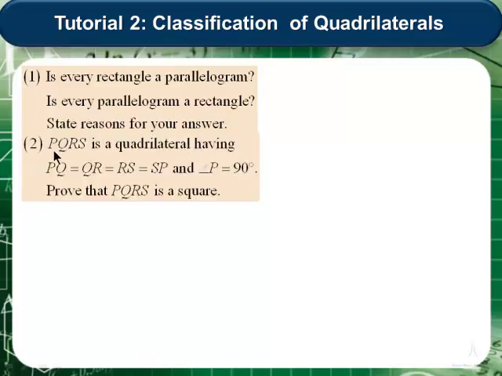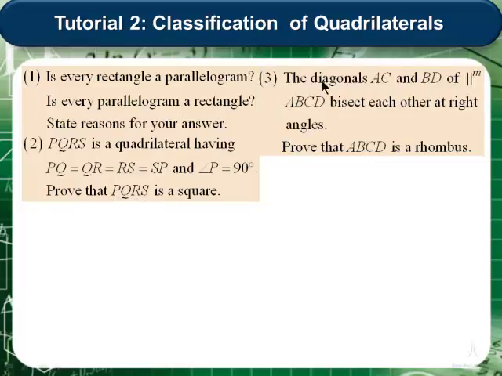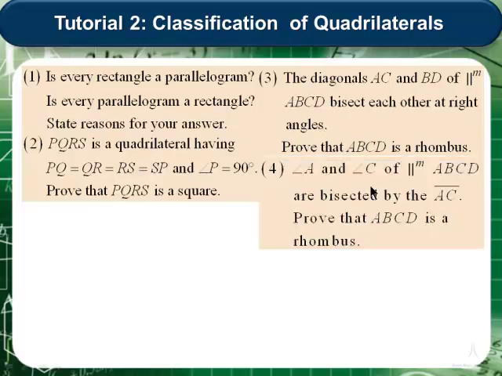In the second problem, PQRS is a quadrilateral having PQ equals QR equals RS equals SP, and angle P is 90 degrees. You need to prove that PQRS is a square. In the third problem, the diagonals AC and BD of parallelogram ABCD bisect each other at right angles. You need to prove that ABCD is a rhombus.